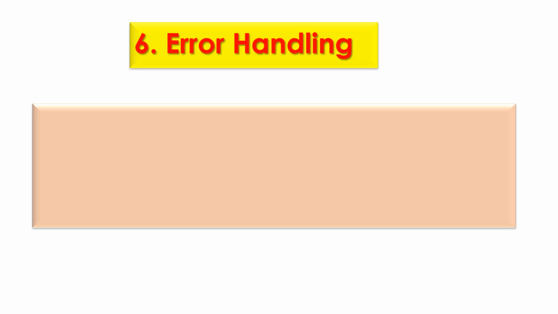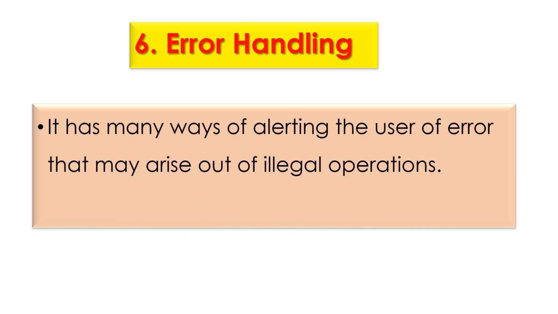And also error handling. The OS is also there to handle the errors. So it has many ways of alerting the user of errors that may arise out of illegal operations. So sometimes you have done something wrong or there is an error in the operations, it will tell you.